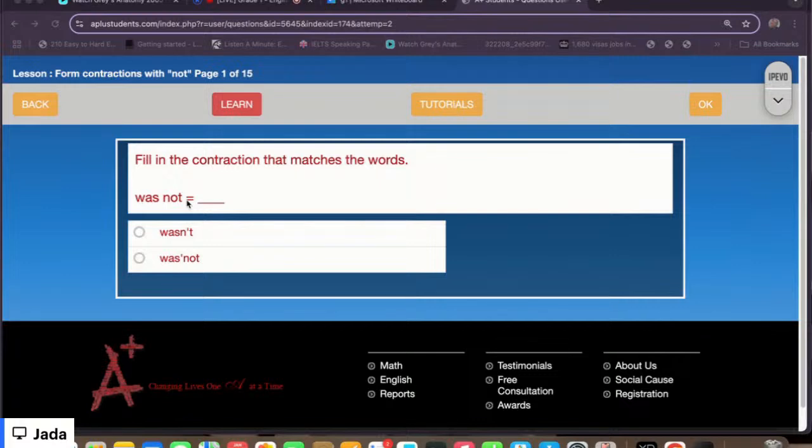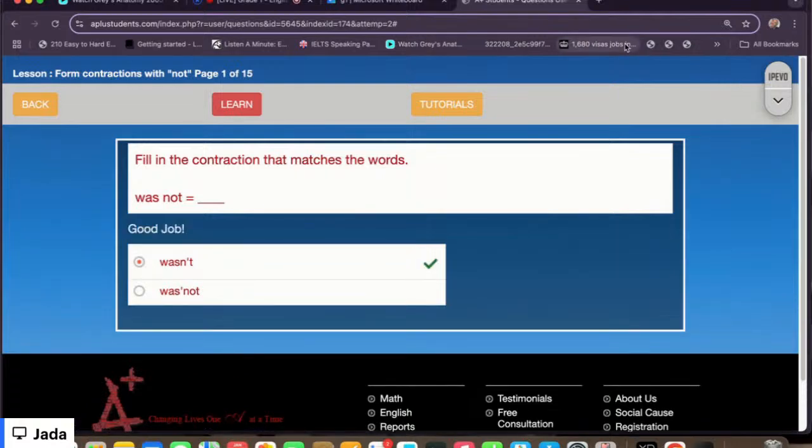So moving on to was not. What's the right answer for was not? Which option is the correct one? Okay, so option 1. Option 1 is the correct one.